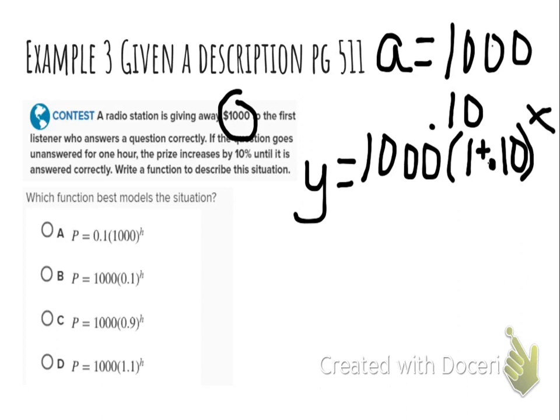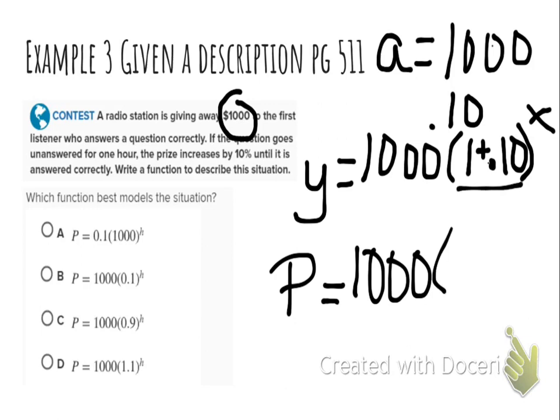Well, they're not using y and x, they're using p and h, because h represents the number of hours and p represents the prize money. So they said a is equal to 1,000. We'll go ahead and add that together. That's just 1.1 raised to the x power. So the correct answer is D.